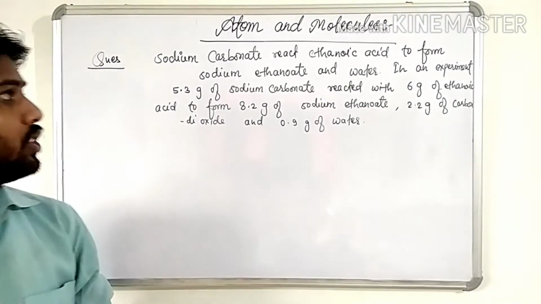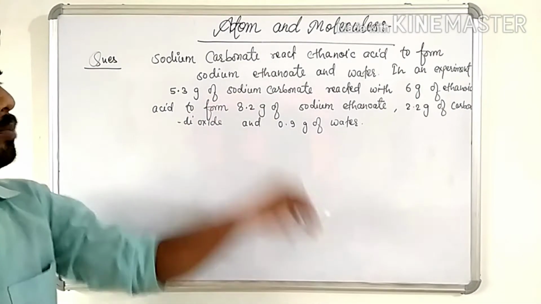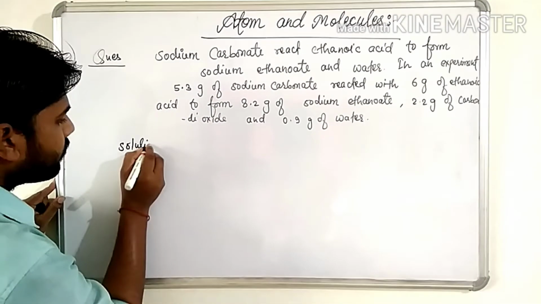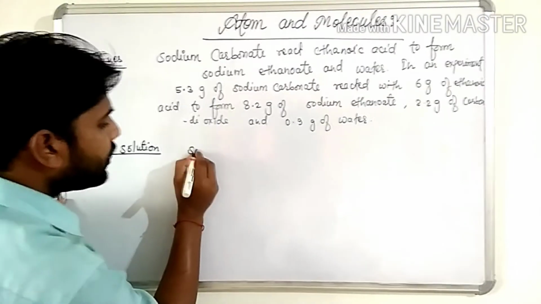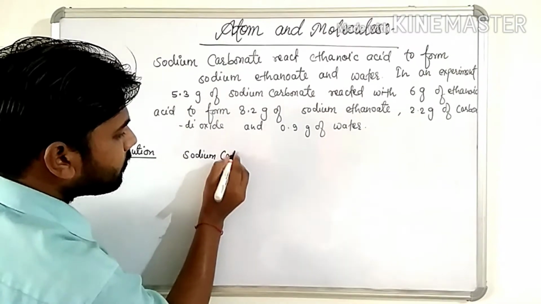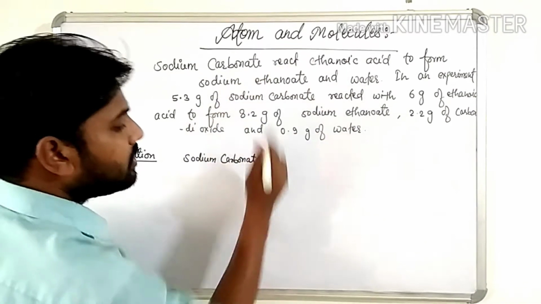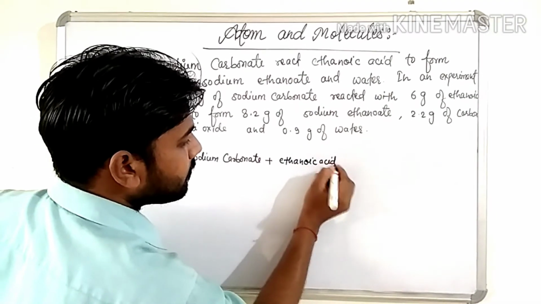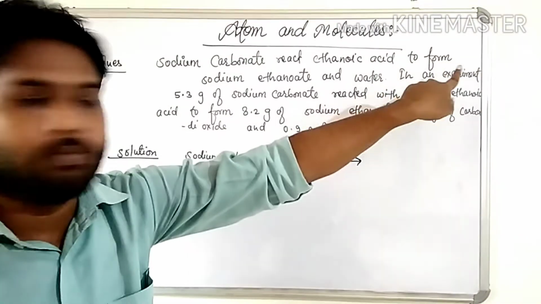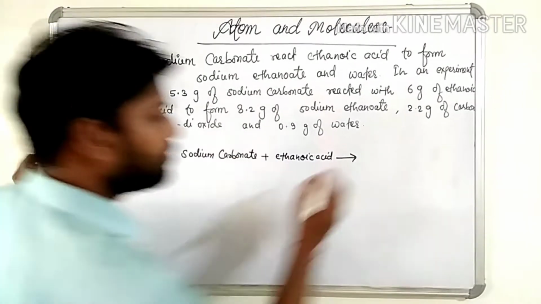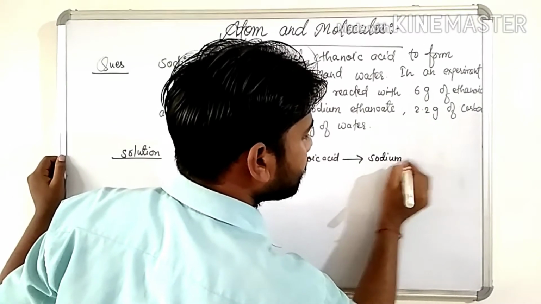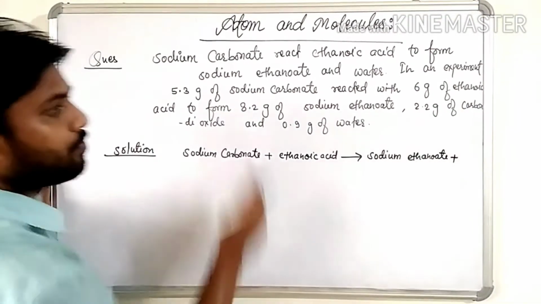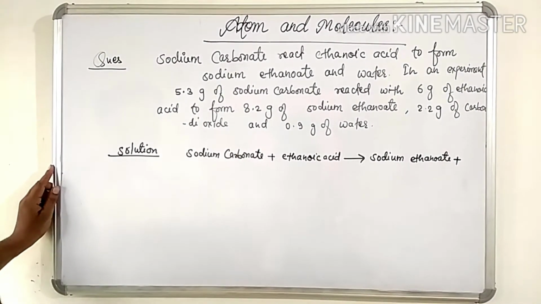Now see the question children. Sodium carbonate reacts, means combines, with ethanoic acid to form, means to give, sodium ethanoate, carbon dioxide and water.